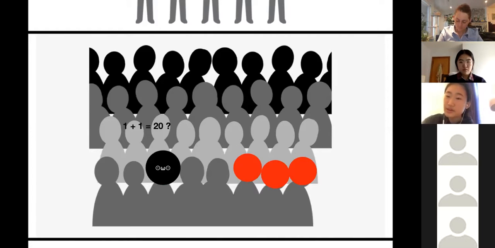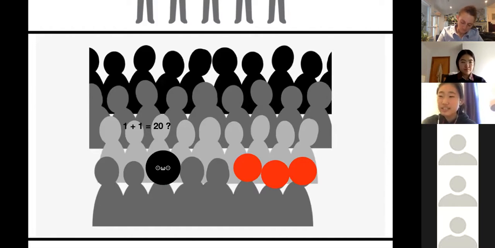There was also the aspect of having a partner. So if you have a partner who's saying the right answers with you, then you will be more keen to continue saying the right answers. But if the partner decides to betray you halfway and join the unanimous majority, you will also pretty much immediately join the unanimous majority in most of the cases.